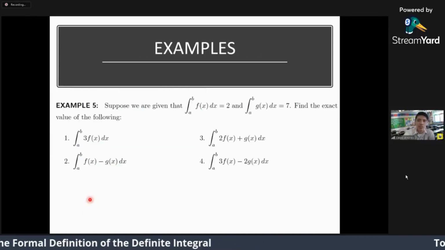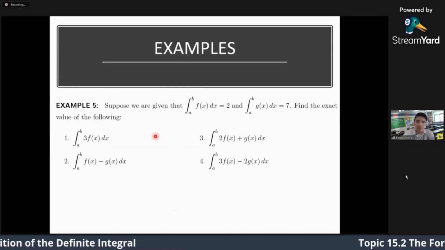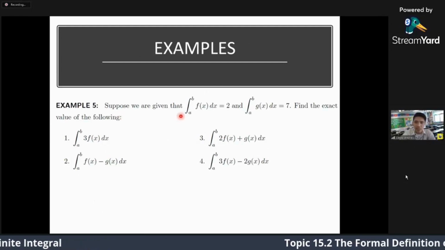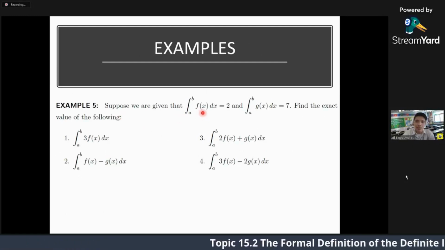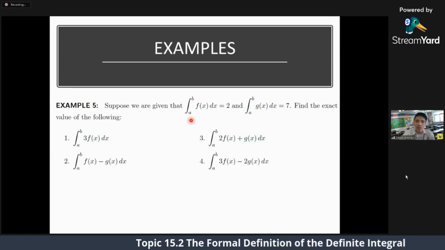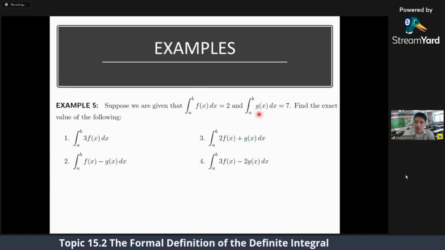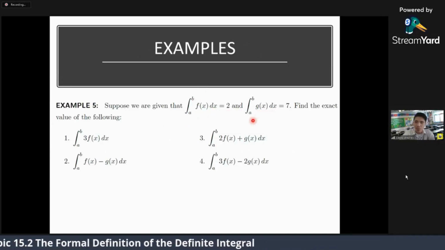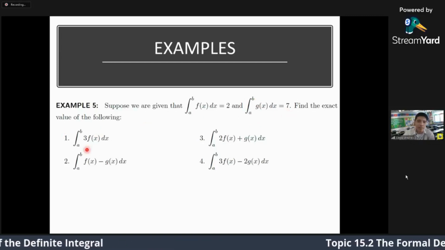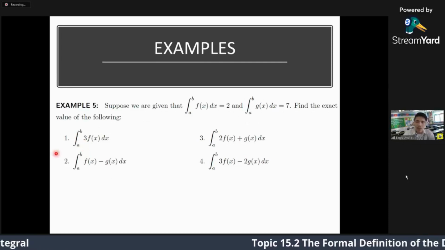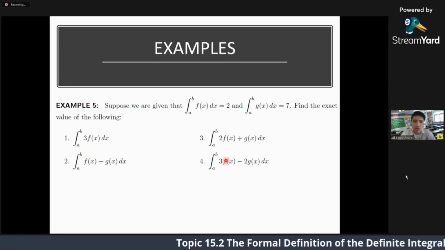So let's have an example. Suppose we are given that the integral of f of x dx from a to b is 2, tapos integral of g of x dx from a to b is 7, find the exact value ani. So kani nga mga problema. So how to solve that one using the properties?